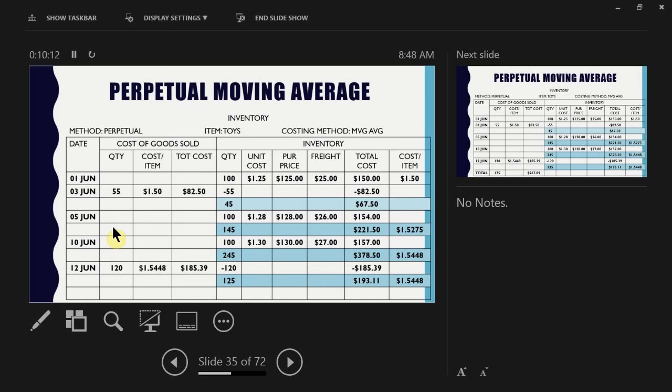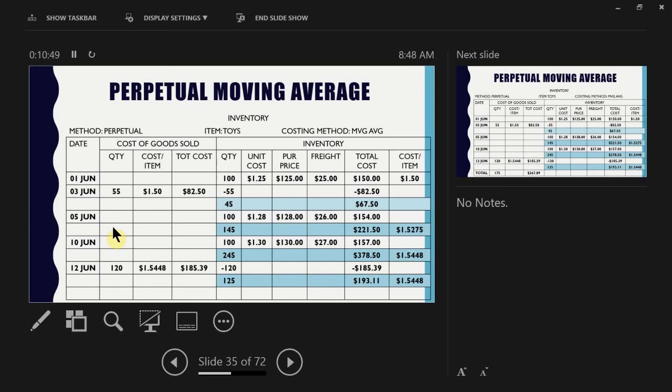But obviously the more bigger picture or the more influential one is going to be your purchases, because your purchases will affect how your average cost per item is, because you're going to be purchasing your item at a certain cost and you're adding freight. So that one is going to give you a different dramatic change, where you selling something is only going to affect it at a mini level, okay?